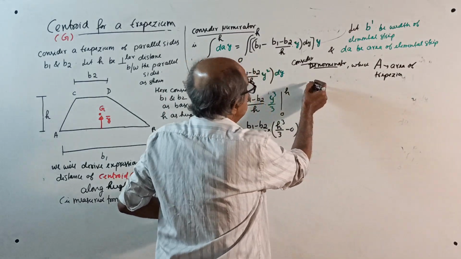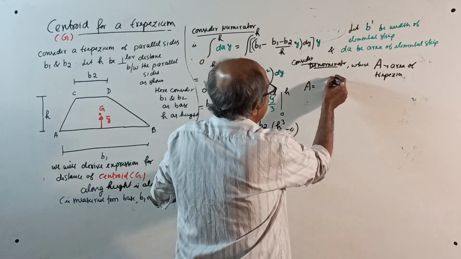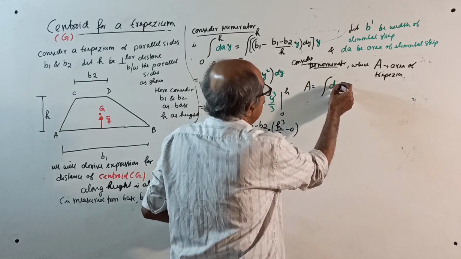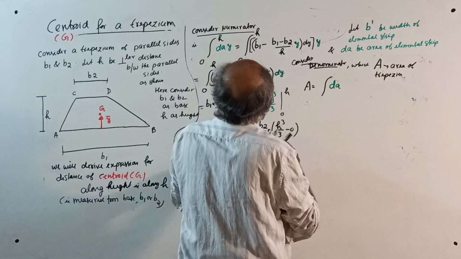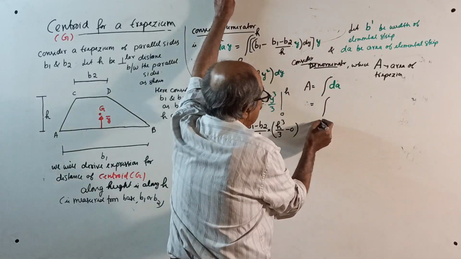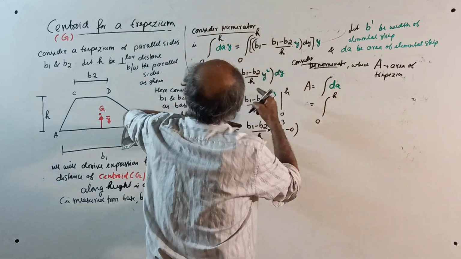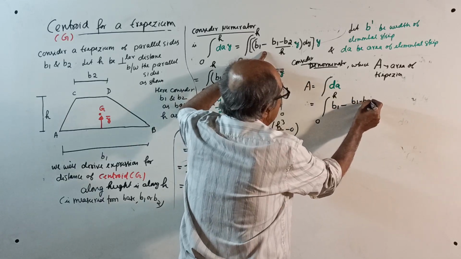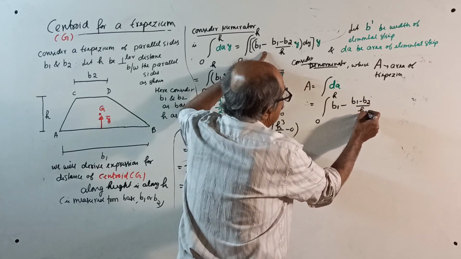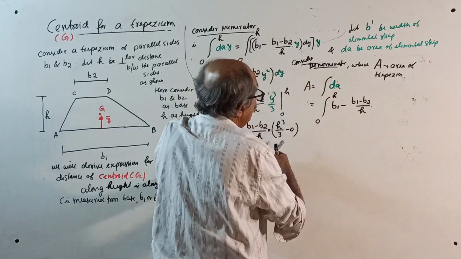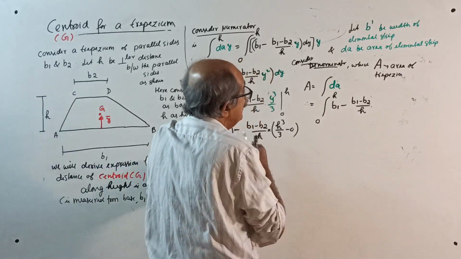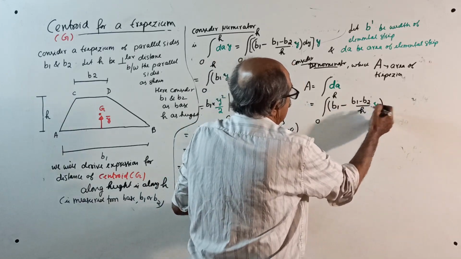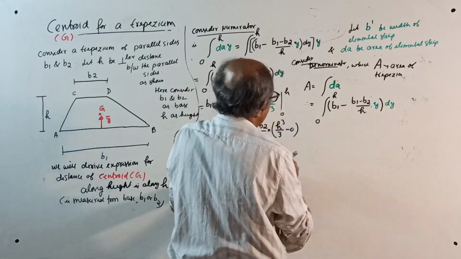Anyway, right now, you know that area is equal to the integration of dA. Now integration of dA is nothing but the integration from 0 to h of dA, which is (b1 minus b2) divided by h into y, only dA, times dy.